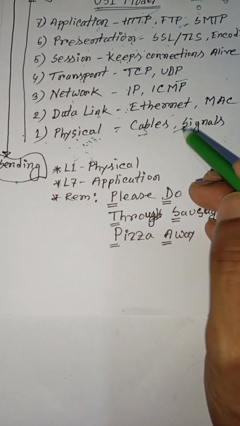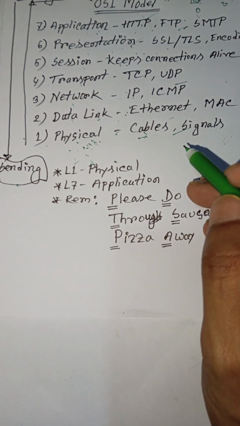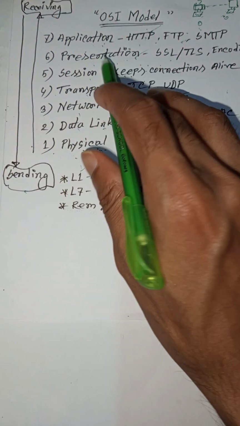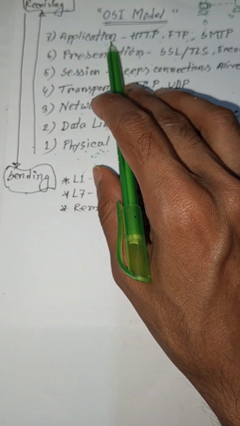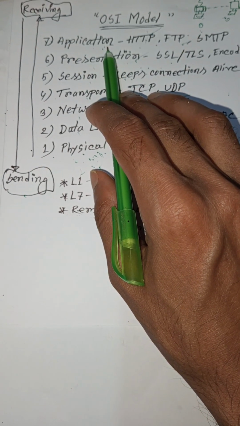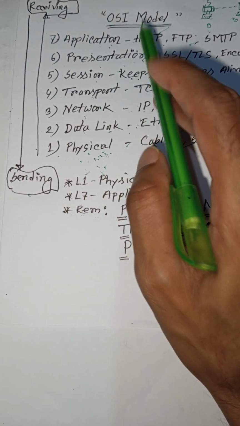And when the data is received, it moves back from the physical layer up to the application layer, and we will see the actual data through the application layer.